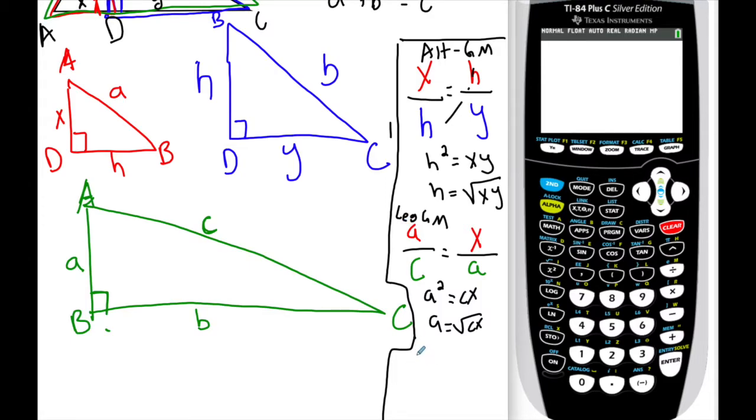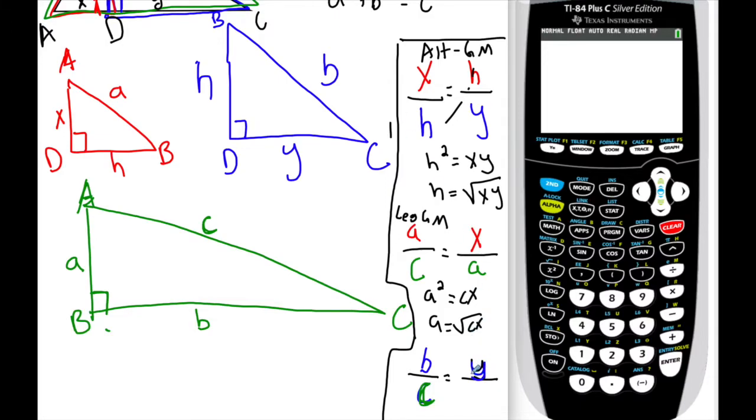So what I realize is, well, look, it's the same idea, right? Because look, in the blue triangle, observe that B is the hypotenuse. But in the green triangle, C is the hypotenuse. Okay, now, on the other hand, in the blue triangle, Y is the base.